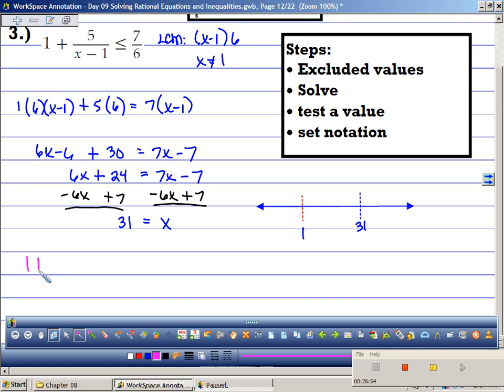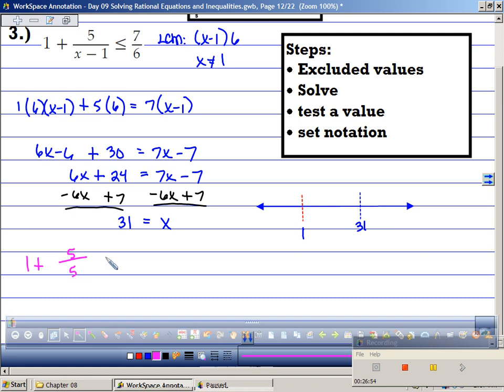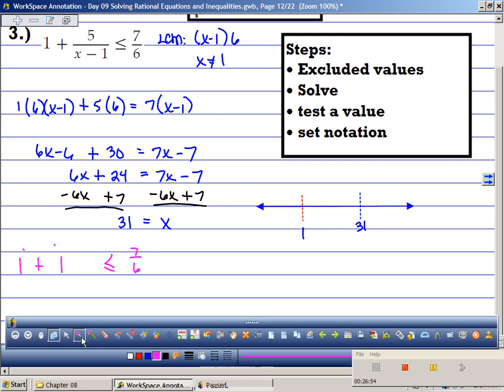So 1 plus 5 over 5 is less than or equal to 7/6. I could actually change this. Thanks for being quiet, guys. This becomes 1 plus 1.